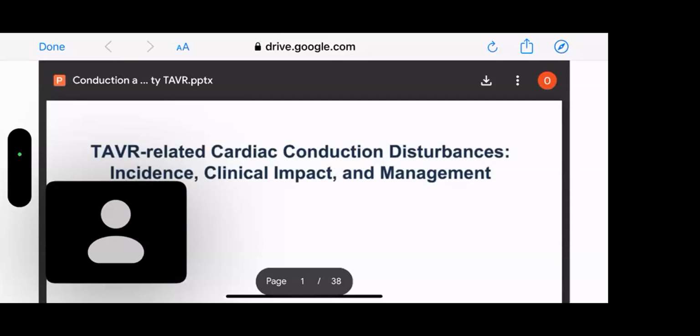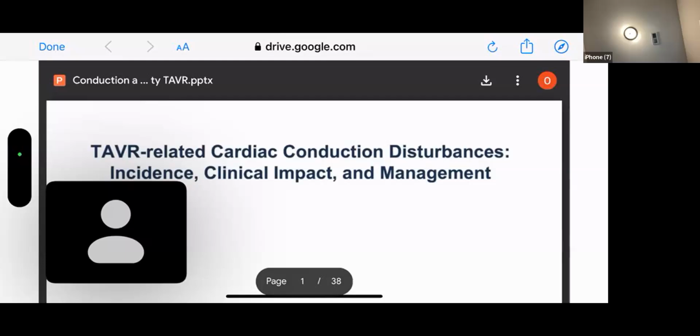Then the second question is, if you had a valve that was already deployed before, and the patient comes again for another valve to be redeployed, does that increase the risk of conduction abnormality among this group of patients?